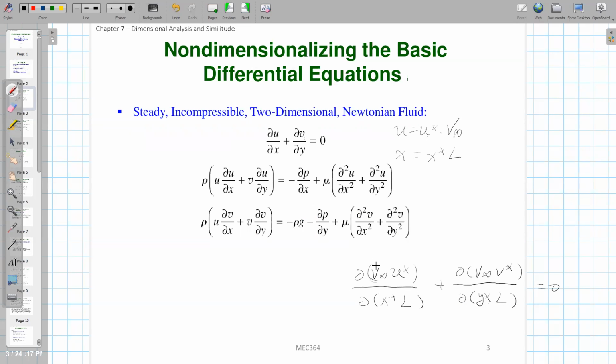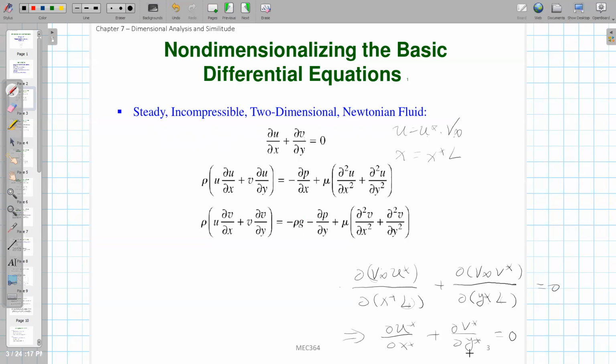Because v infinity and L are constant reference values, you can take them out of the derivative operators. The v infinity over L then cancels on both sides, and you simply get partial u star over partial x star plus partial v star over partial y star equal to 0.